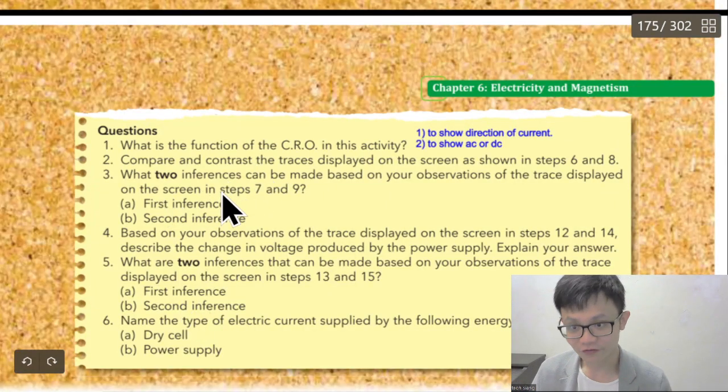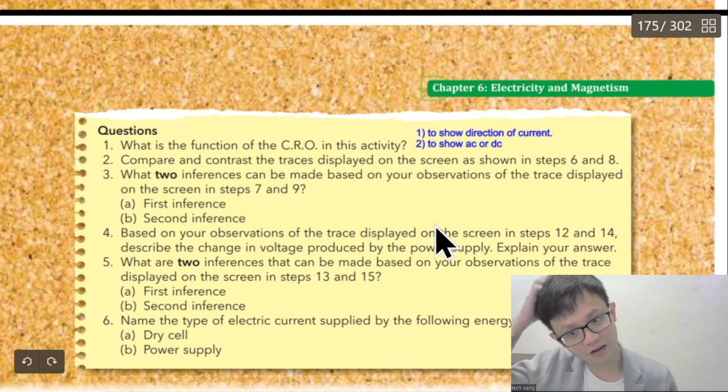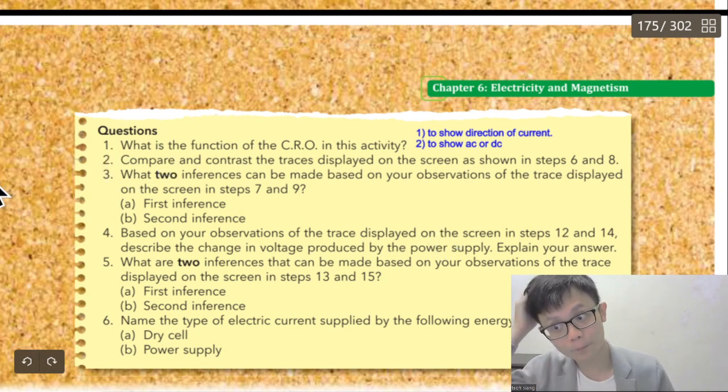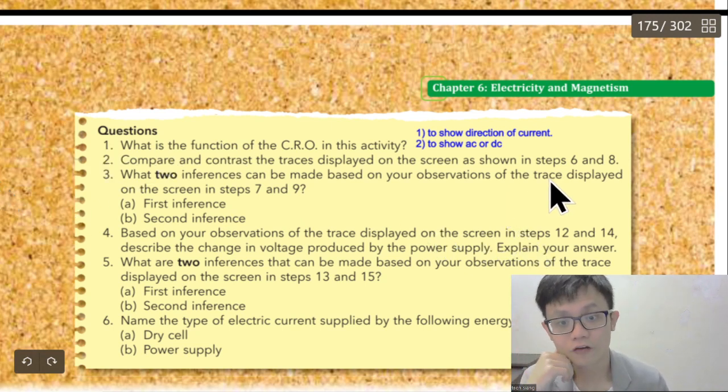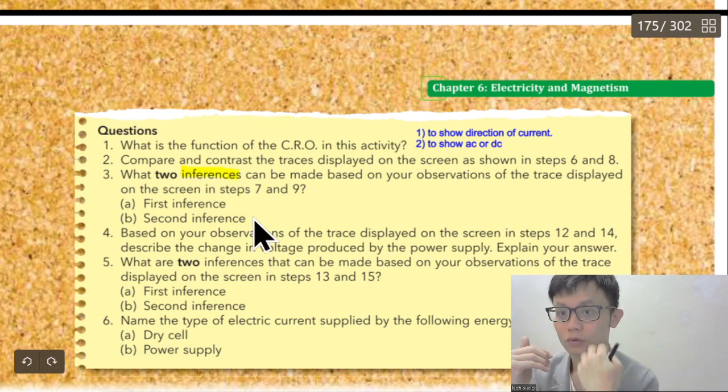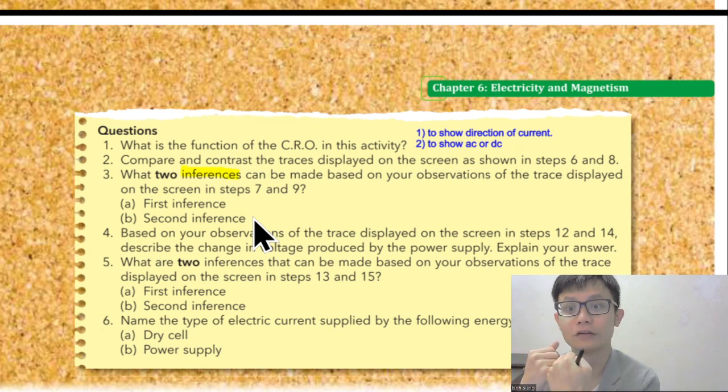What two inferences can be made based on your observation of the trace displayed on step 7 and 9? What inference can you make? Inference is something that you see and you reason.